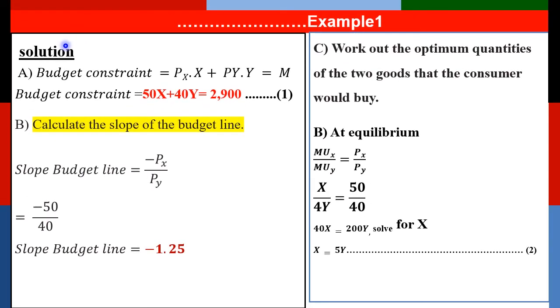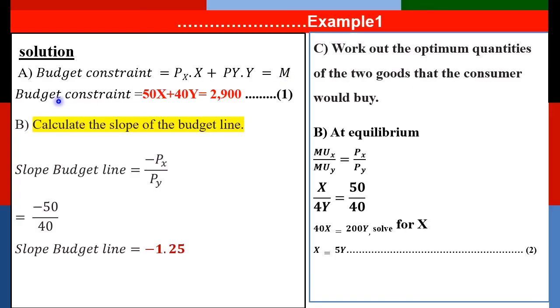Solution for the above question. Budget constraints. It states formulate the budget equation. So how can we formulate the budget equation? Price of X multiplied by quantity of X plus price of Y multiplied by quantity of Y is equal to the budget or the income.